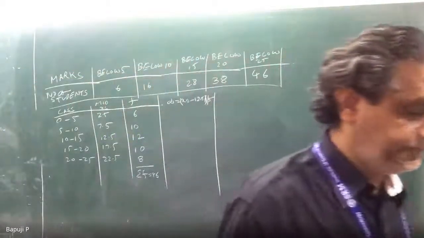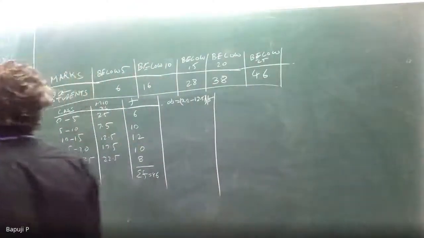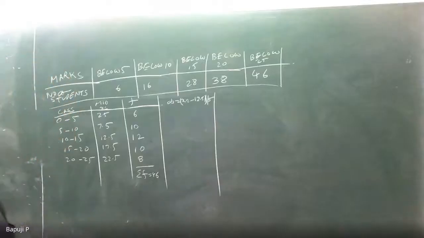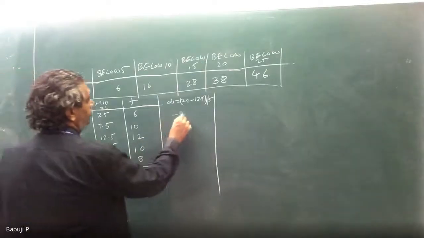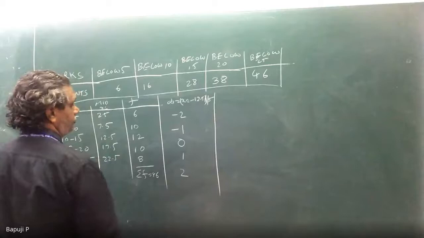What is the D value? -2, very good. -2, -1, 0, 1, 2.